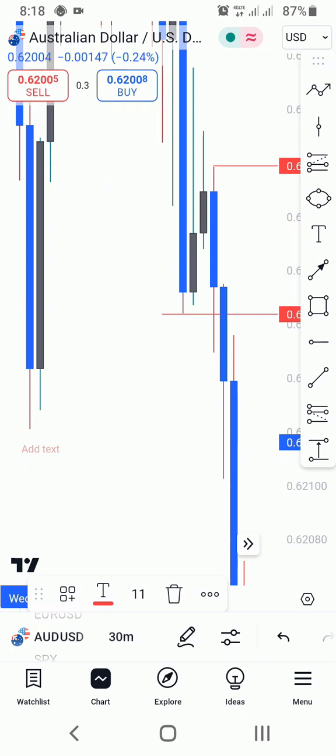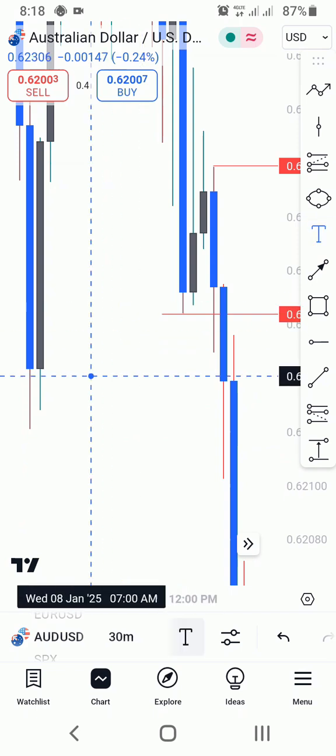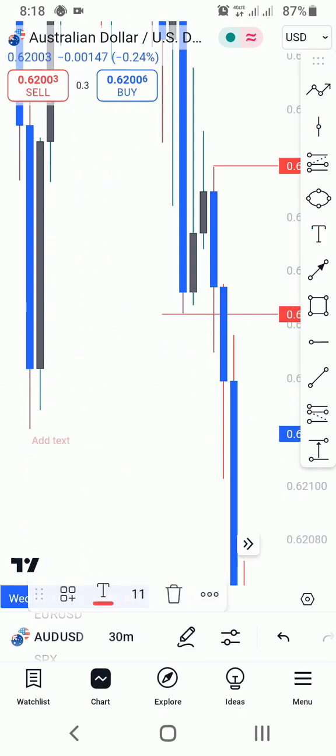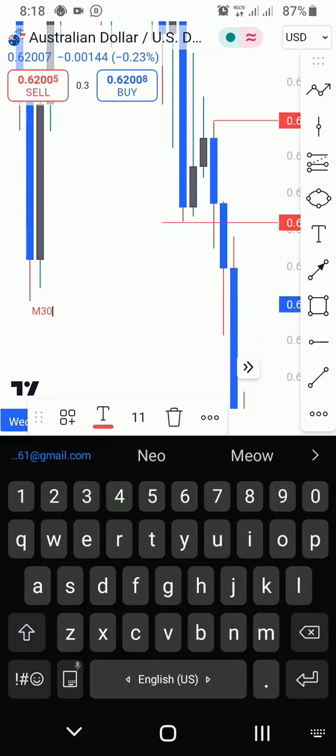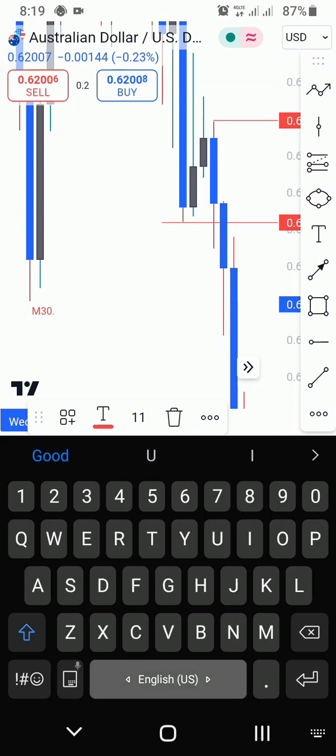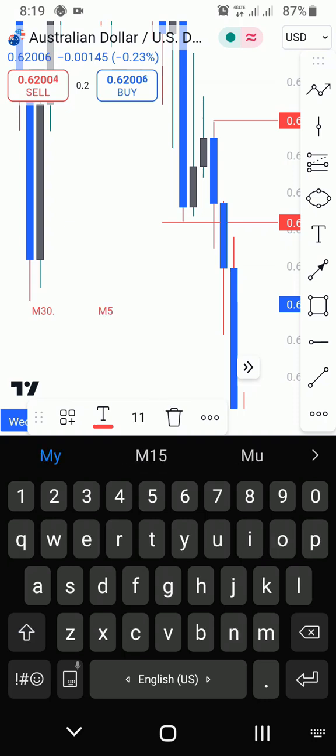Our constant time frame is M30, and if our constant time frame is M30, our S1 time frame, the time frame we are supposed to use to look for liquidity, is M5.